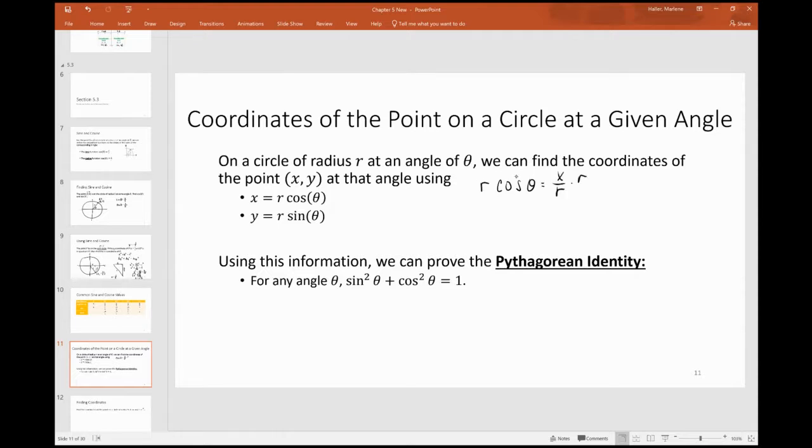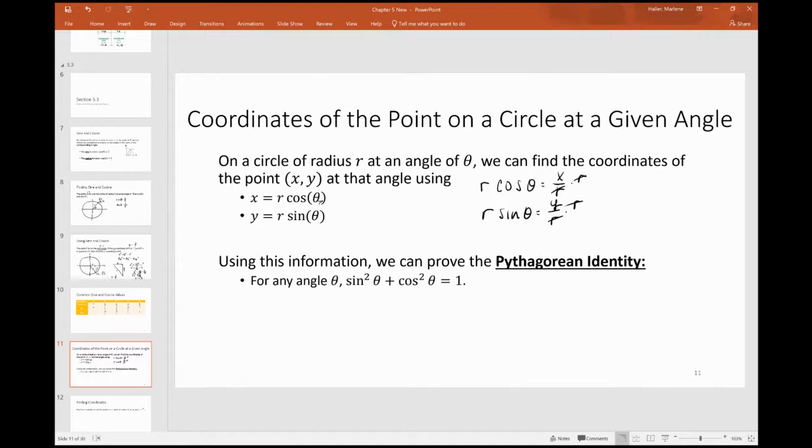If I multiply both sides by the radius, I can then say that x, the coordinate of the terminal point of an angle on a circle, is equal to r times the cosine of theta. I could do the same thing with the sine. We said the sine of theta was y over r, and if I multiply both sides by r, y is going to be r times the sine of theta. So in a unit circle where the radius is 1, the x coordinate of the point is the cosine of theta and the y coordinate of the point is the sine of theta.